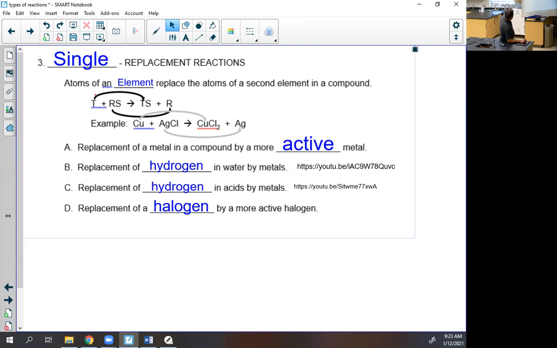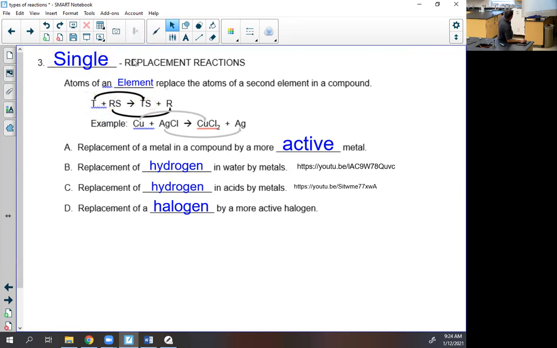You have a single element that reacts with a compound. The single element replaces one of the elements in the compound, that element comes out alone, and you have a new compound. You all right with that?